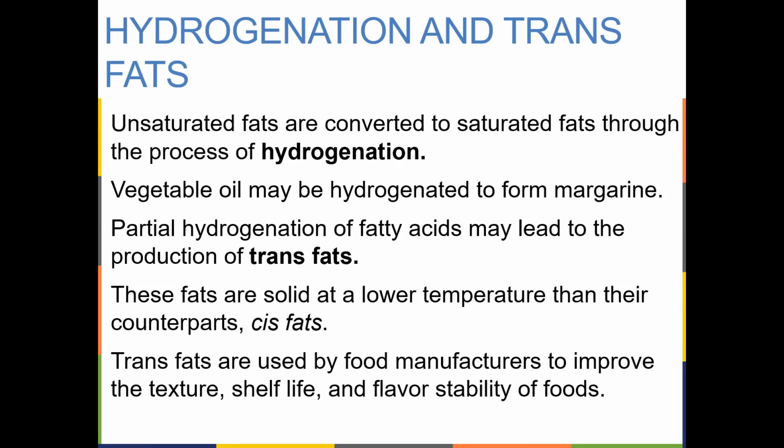Another problem with hydrogenation is that you can end up creating what are known as trans fats. Trans fats form solid fats at lower temperatures than what we call the cis fats. Cis and trans refer to the position of the components of a large molecule, whether they are on the left-hand side or the right-hand side of a molecule.